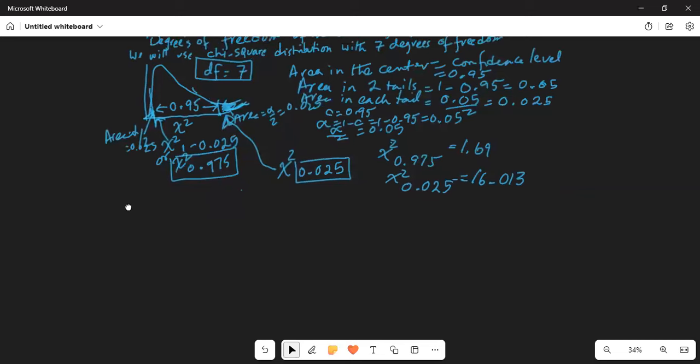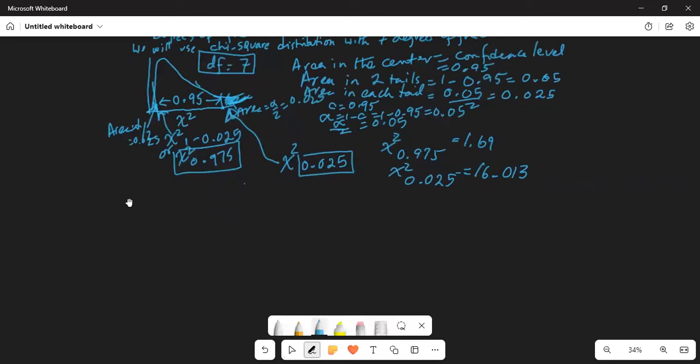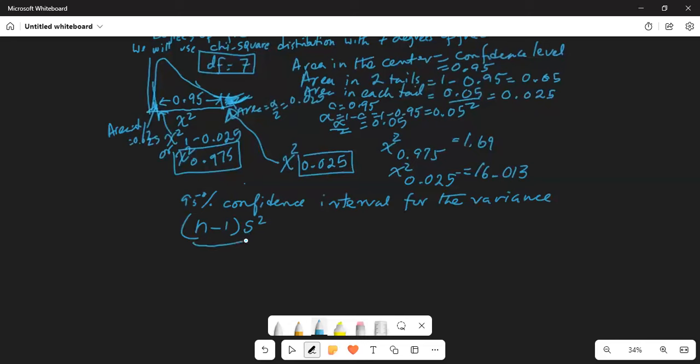How to do that? So the formula for the 95% confidence interval for the variance is n minus 1 times s square divided by chi square alpha by 2, less than sigma square, which is the population variance, less than n minus 1 times s square divided by chi square 0.975.